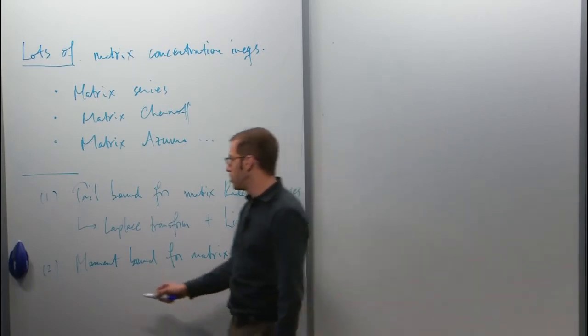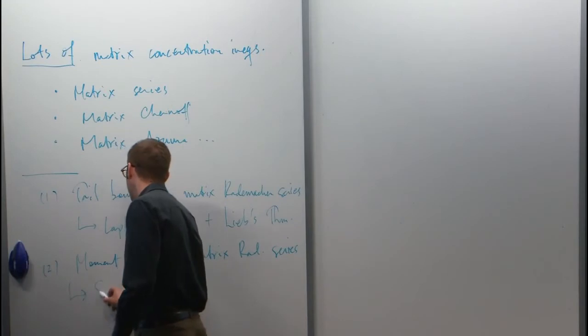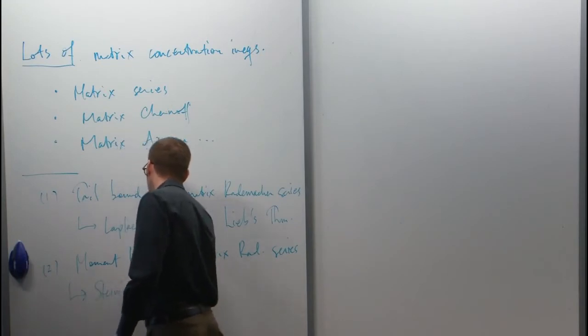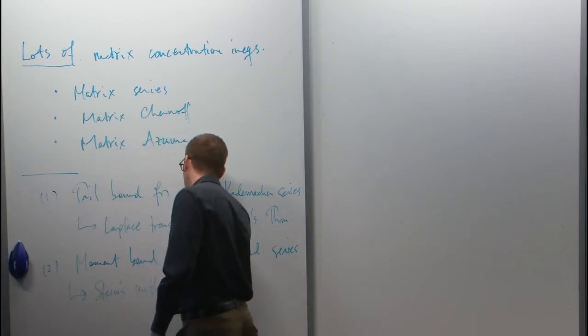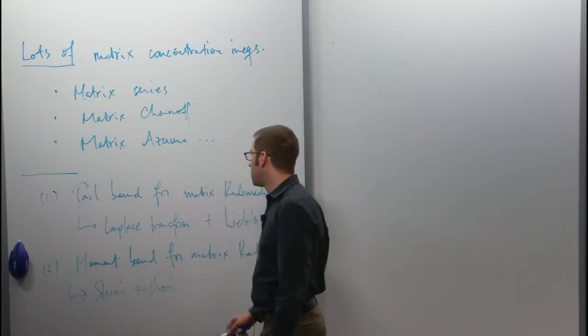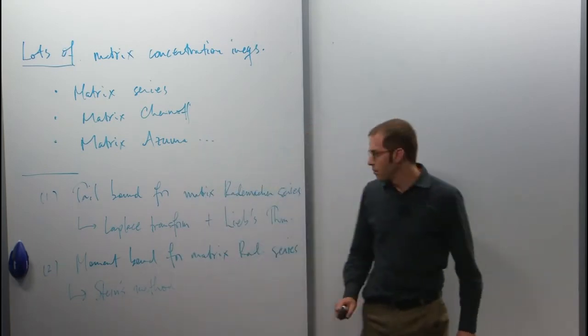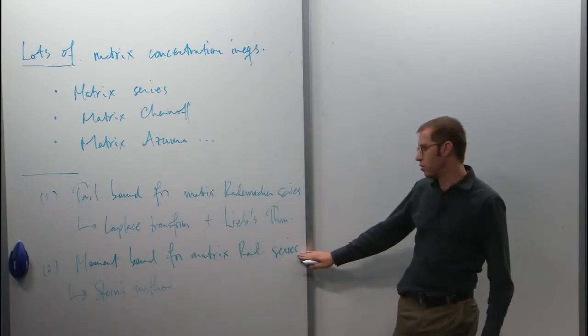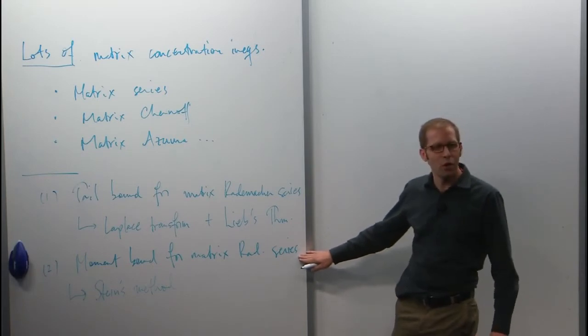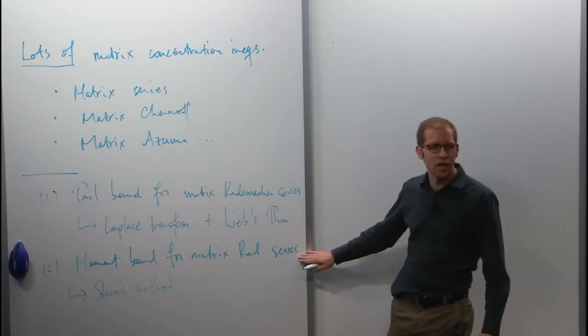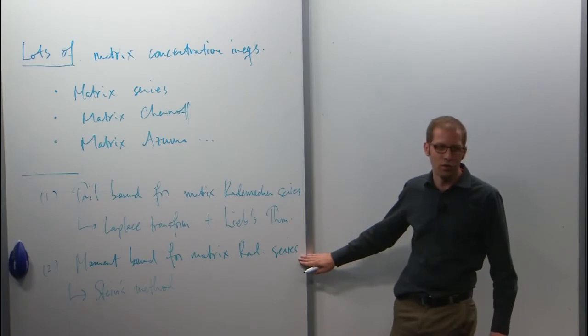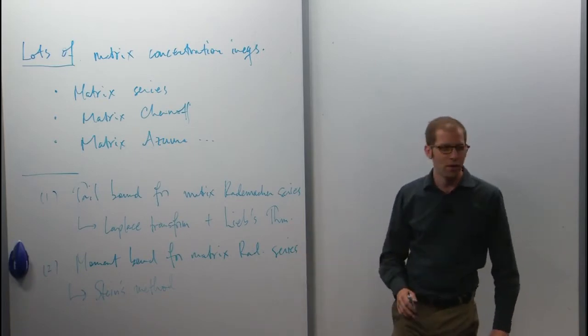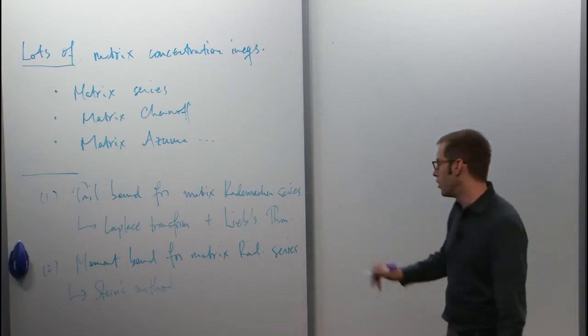We're going to prove this using Stein's method. So a very, very different kind of technique. And this is the simplest proof I know for this result. It's extremely powerful. And even in the scalar setting, these results are not necessarily so easy to prove. So this is a really slick way to get a lot of juice.